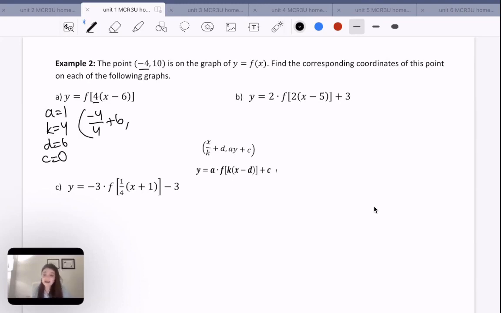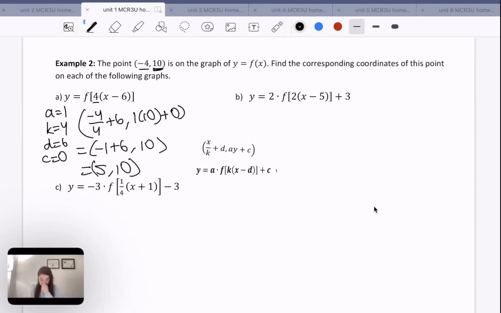And then we have a times y plus c. So a is 1, y is 10, plus c, which is plus 0. So this is equal to -1 plus 6, comma 10, which is equal to 5, comma 10, right? So (5, 10) is our new transformed point.